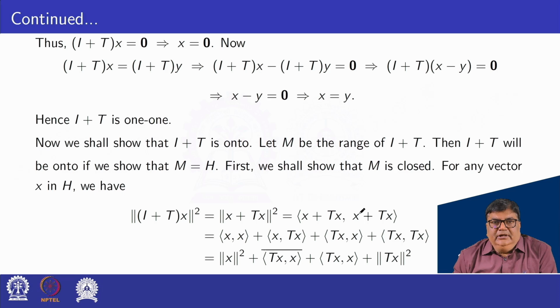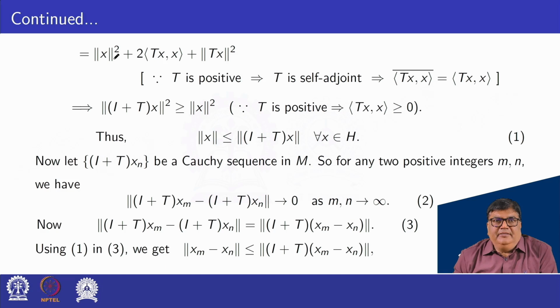As per the additive property of inner product, this can be written as the inner product of x, x plus the inner product of x, Tx plus the inner product of Tx, x plus the inner product of Tx, Tx. The inner product of x, x is norm of x squared, and if we change the order of the inner product, it is the complex conjugate of the inner product of Tx, x. The last one is norm Tx squared.